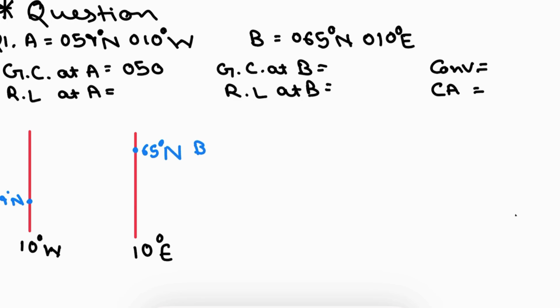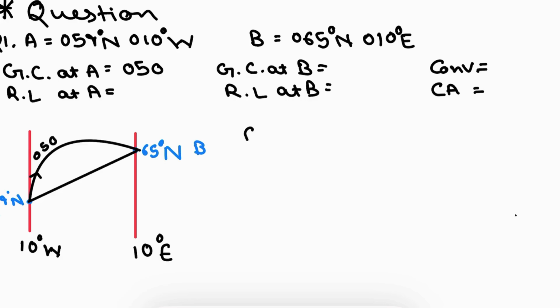So this is point B and this is point A. Now to draw Rhumb line is the direct from one point to another point in a constant direction. And the great circle is going to be the curve convex to the pole and the shortest distance, right? So we are given this great circle as 050.